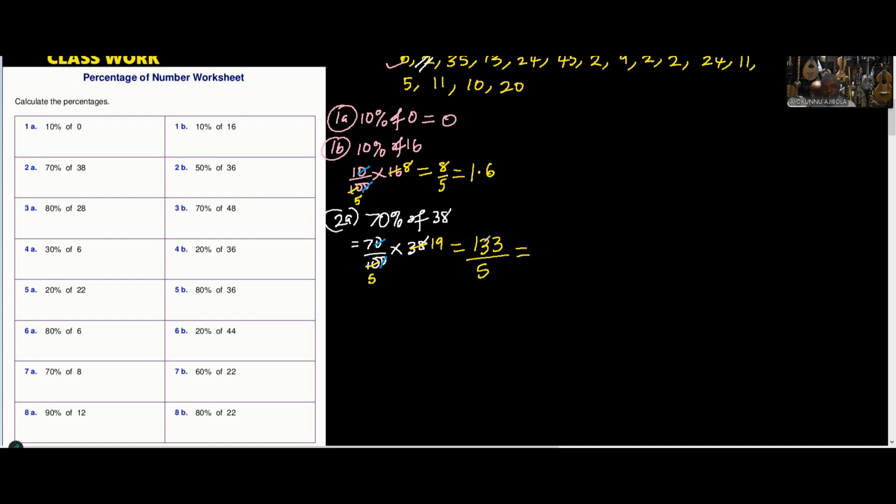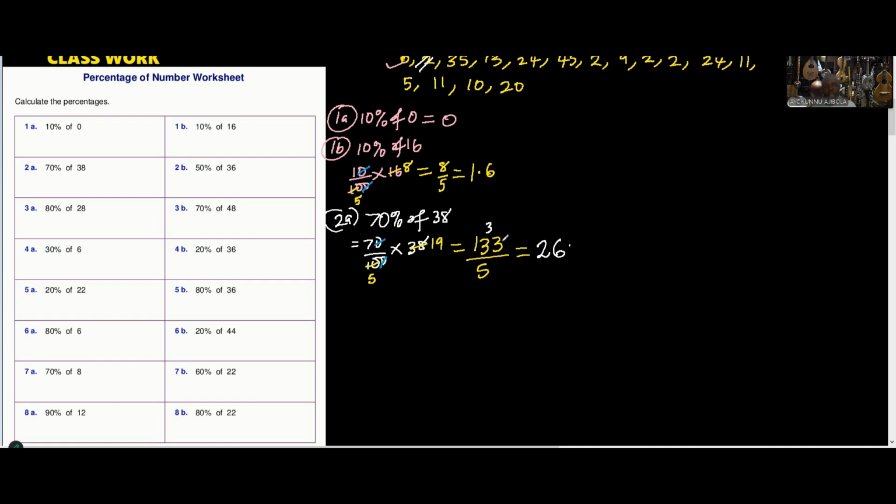So how many 5s in 13? That's 2, which is 10, remainder 3. So how many 5s in 33? That is 6. Point.